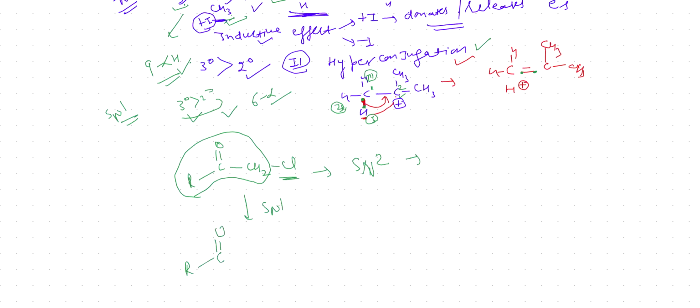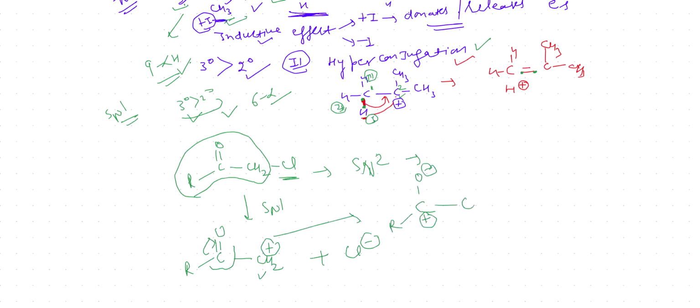CH2, there will be a positive charge on this carbon, as we know. The carbonyl group pulls electrons, as oxygen is electronegative. There is an electron shift, O negative and positive charge, R group, CH2 positive.